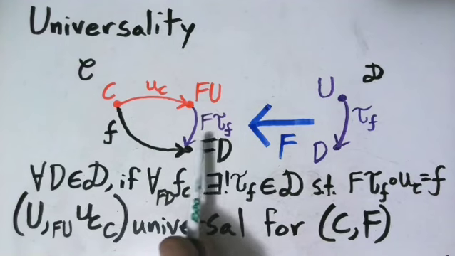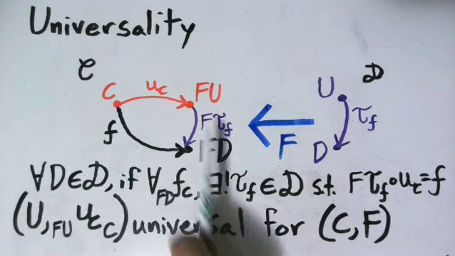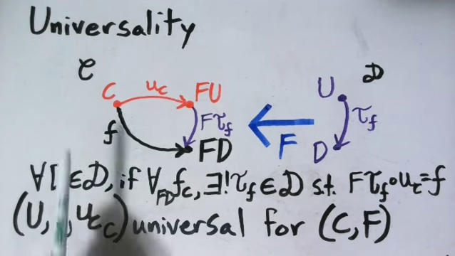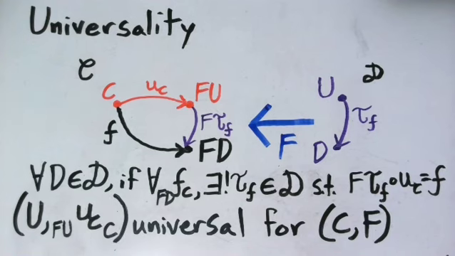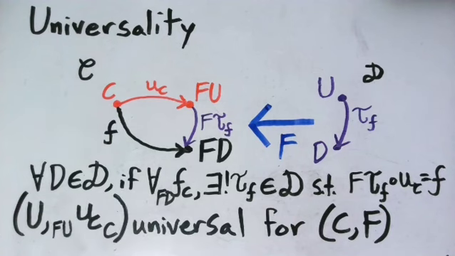That is, F of tau of little f after U_C is the same as f. So in some sense, what you're saying is that any morphism going from C into any object in the image of the functor F can be, in a certain sense, factored through this morphism U_C.